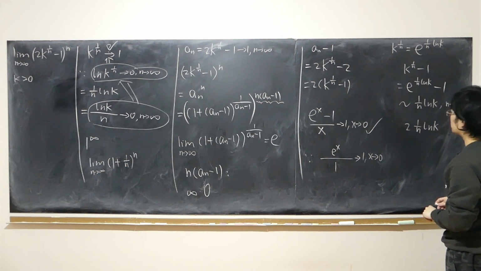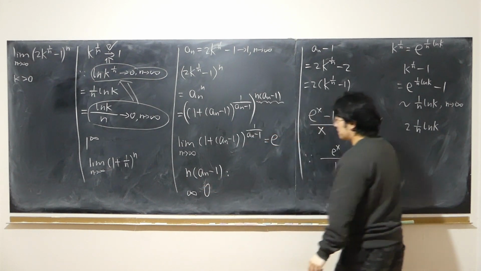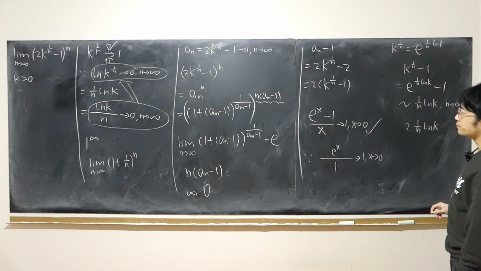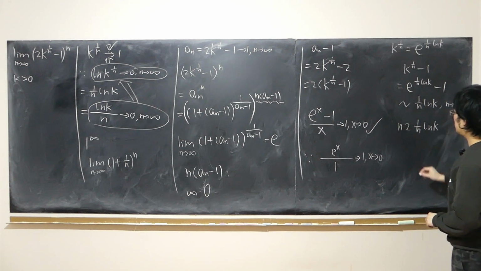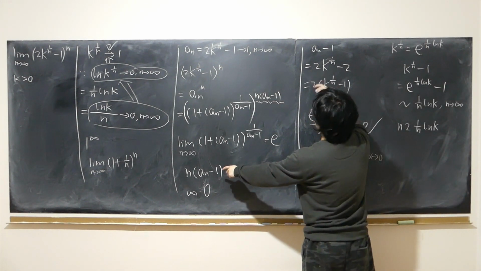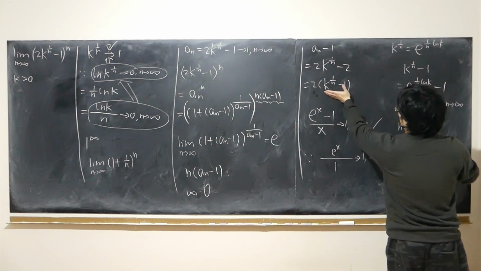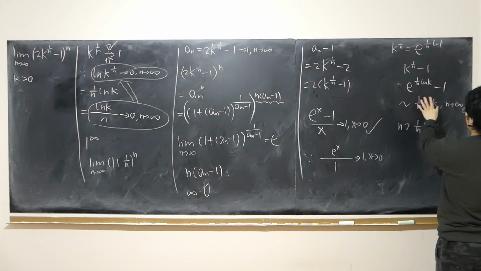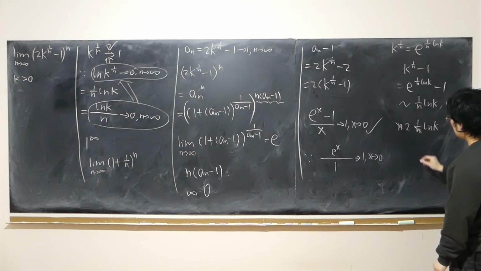In fact, I want the limit of n times a_n minus 1, which is 2 times n times this stuff. But this is replaced with (1/n) log k already, equivalent during the process. So n cancels out, and eventually this limit is 2 times log k.